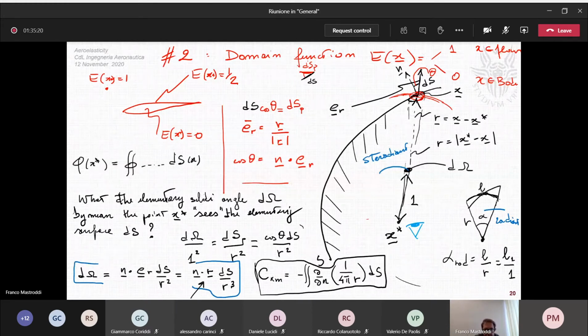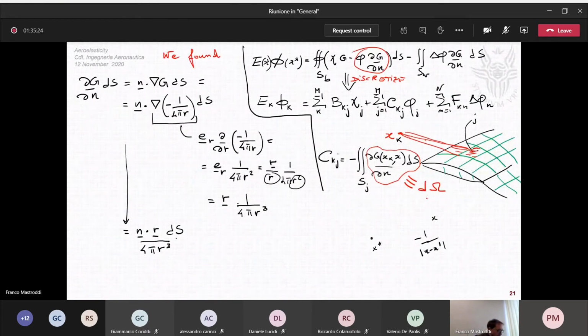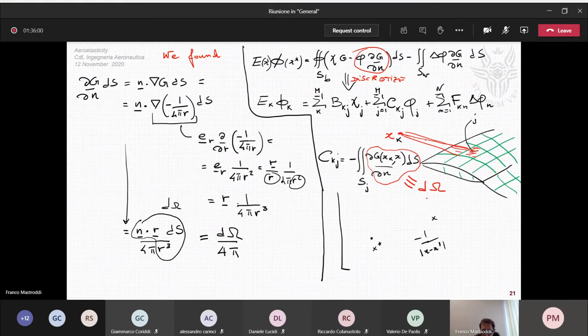And therefore we have that dG on the n is equal to d omega, this is d omega, divided by 4 pi, and therefore the coefficient C_kj is representing the integral of d omega by 4 pi.